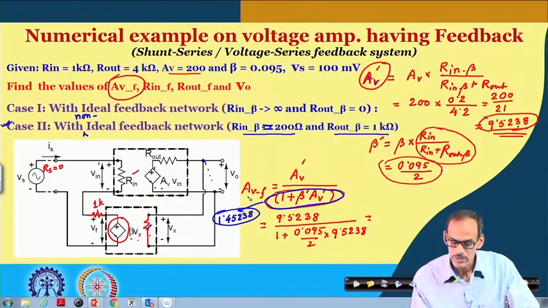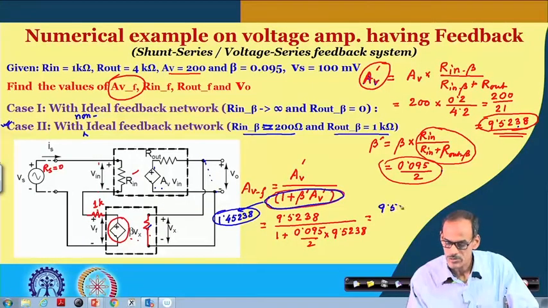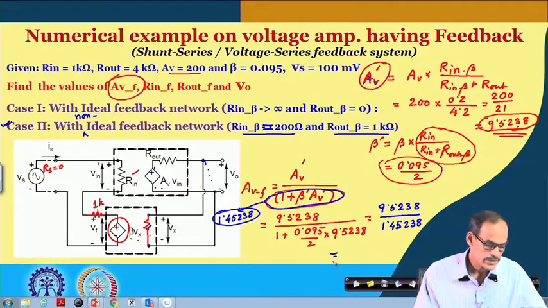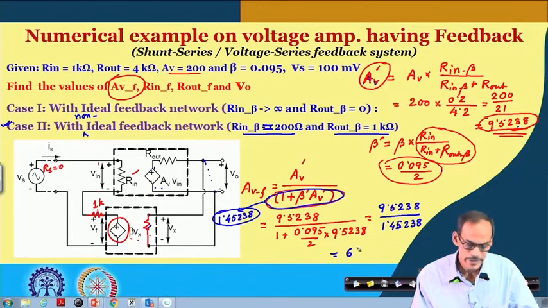So, the value here for this AVF is 9.5238 divided by 1.45238, and that is becoming 6.5573.